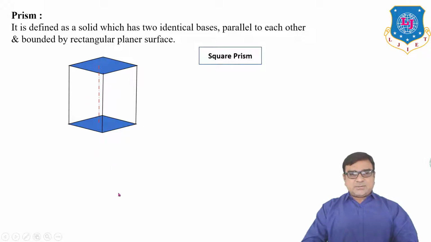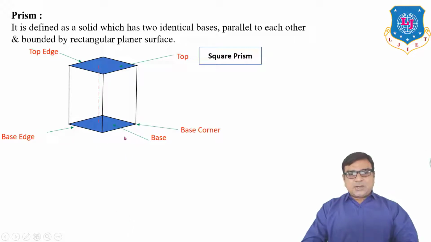So here in this square prism, this bottom square part is known as base. Top square surface is known as top of the square prism. Then the side of base is also known as edge of base. This is top edge.